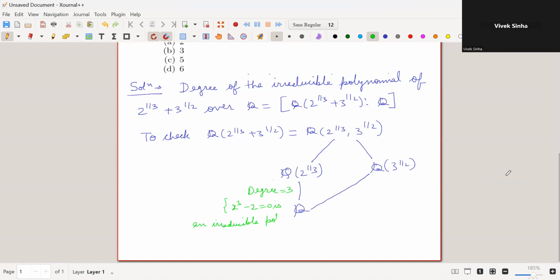polynomial over Q, and of course, 2^(1/3) satisfies it. So the degree here is 3, and here the degree is 2, because it is satisfied by the polynomial x squared minus 3 equal to 0.